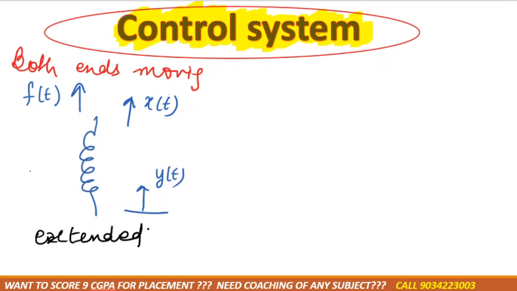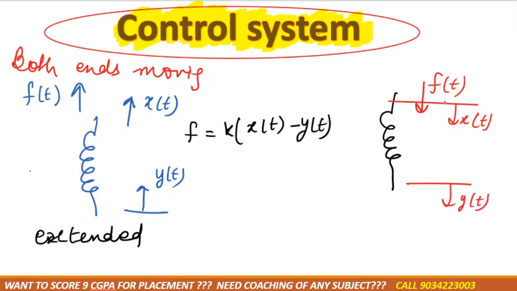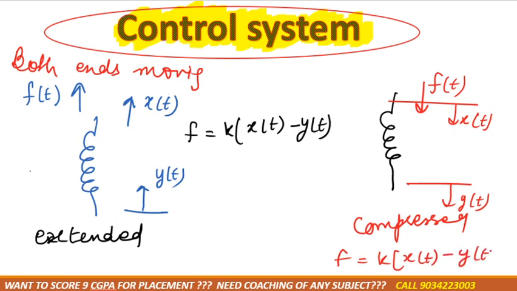If we are moving the force in the spring upward, then it would be extended, so F is equal to K into X of t minus Y of t. Now there is the next case. If force is moving in the downward direction, then obviously displacement is also downward, so it would be compressed. So that would be F is equal to K into X of t minus Y of t.